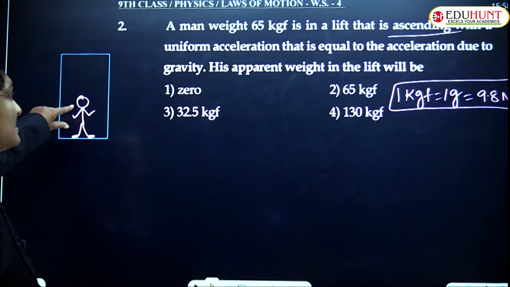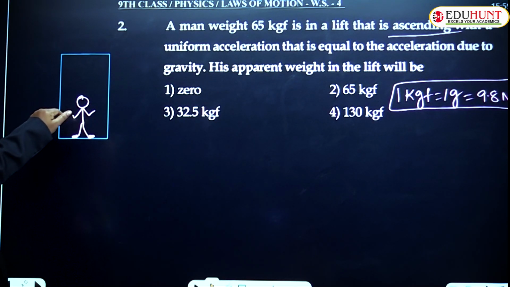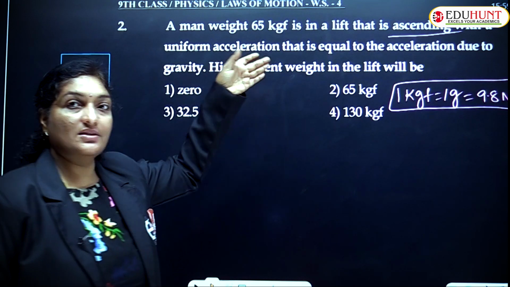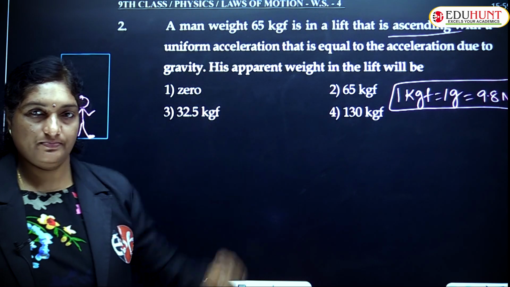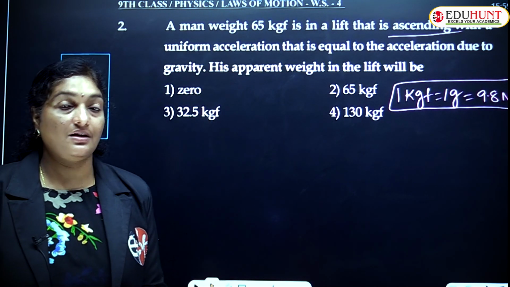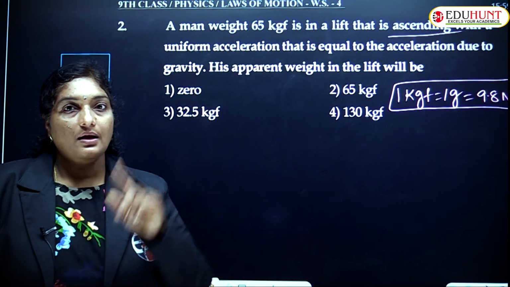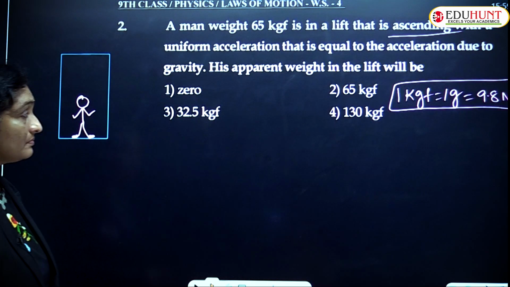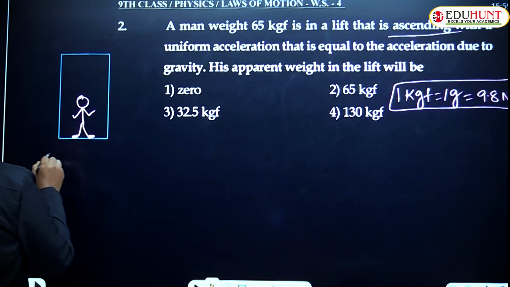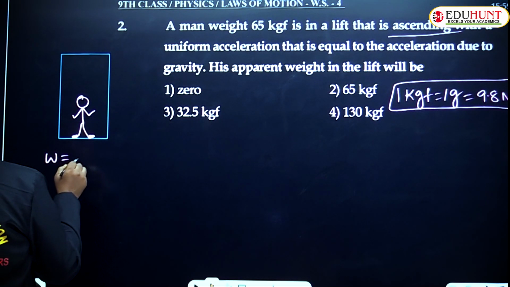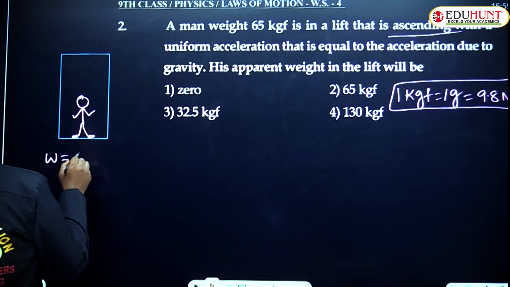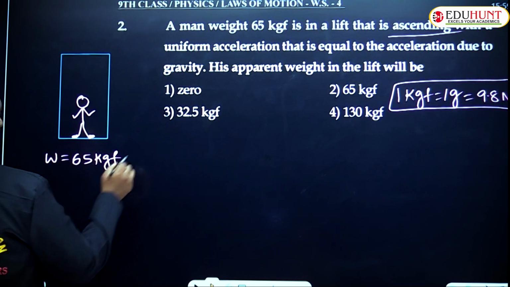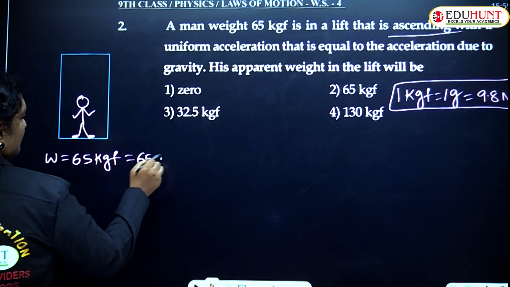So a man weighing 65 kg force is in a lift. 65 kg force means his weight is equal to 65 g. W equals 65 g. So mass is equal to 65 g by g, that is 65. Clearly, the given weight is 65 kgf, which is nothing but 65 g.